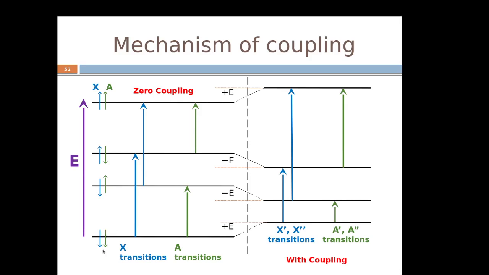The spin state of A is represented in green color, the spin state of X is represented in blue color. So when the nuclear spin states of both nuclei align with the direction of the external magnetic field, the nuclear spin configuration will have the lower energy.